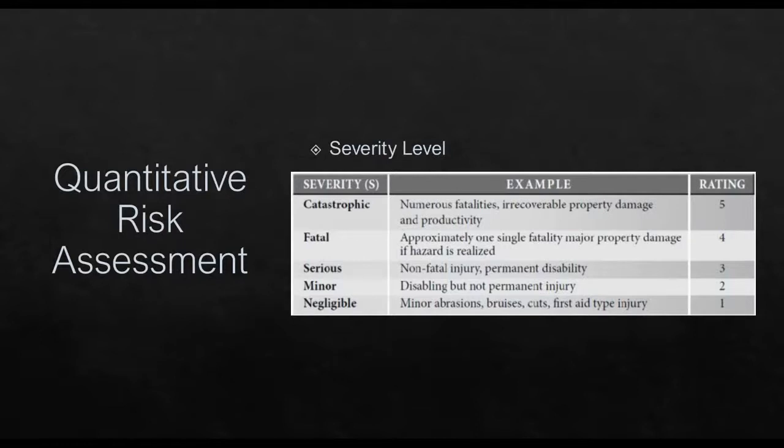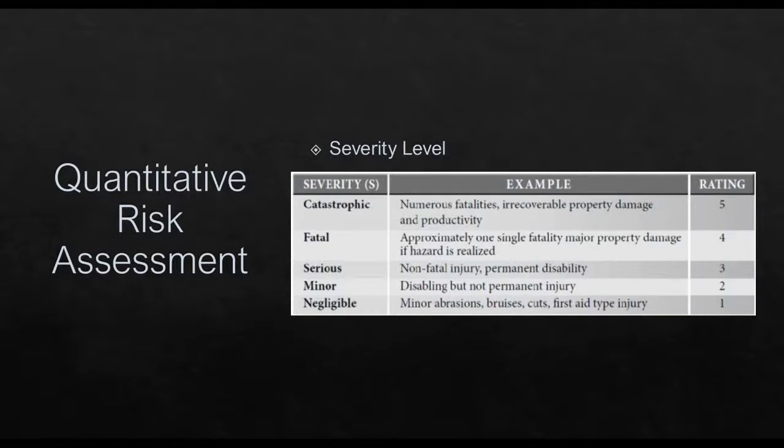Okay, first the severity level. As we can see, this is the table that's commonly used by the industry, and the definition of each severity might be different depending on the work process, or the activity.